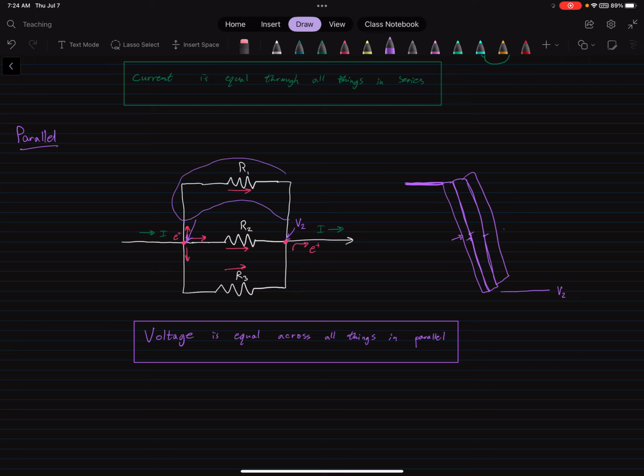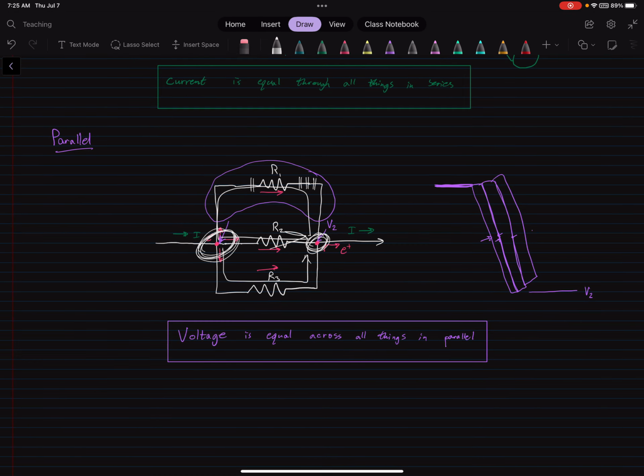This segment here itself, you might agree, is a series segment. Even though there's only one thing, you can consider each little slice of wire as being in series with the next slice of wire, which is in series with this resistor. So between this junction and this junction, for each of these paths, the top one, the middle one, and the bottom one, everything is in series on that segment.